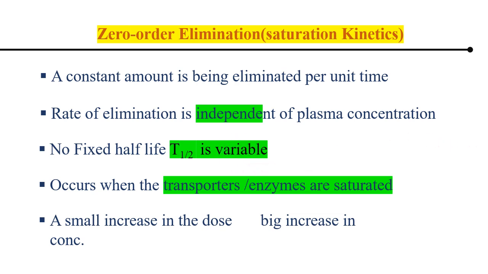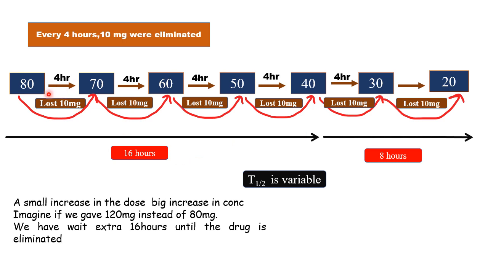Why? Let's see here. See, here it is 80 mg. For 80 mg to 40 mg, how much time does it take? 16 hours. For 40 mg to 20 mg, how much time does it take? 8 hours. To convert half of the drug, 80 mg to 40 mg, that is what we call T half. How much time does it take? 16.